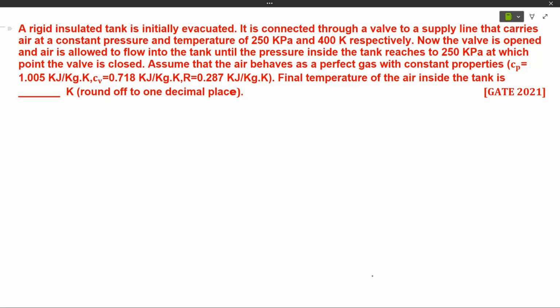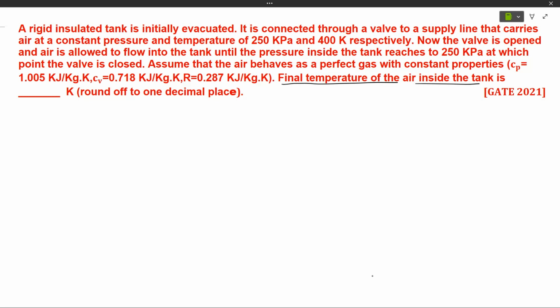The final temperature of the air inside the tank is dash Kelvin. Round off to one decimal place. So in this question we have to calculate the final temperature of the air inside the tank. Before we solve the given numerical, let's briefly discuss the approach we will be using.